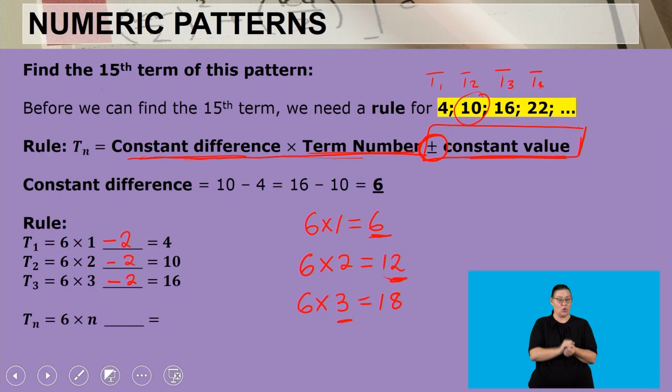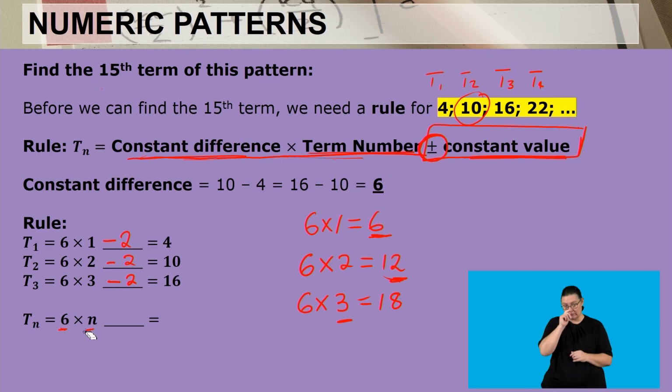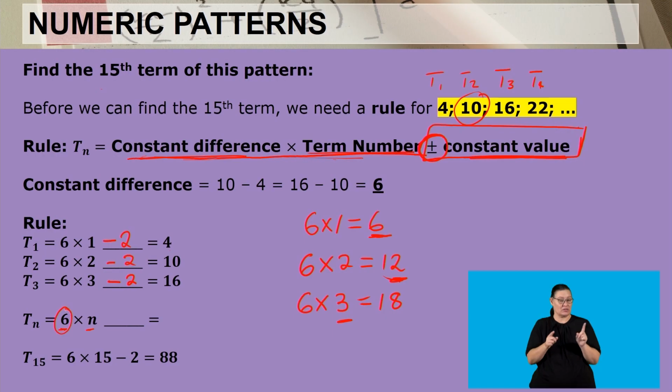So what conclusion can we make here? We have seen that we take the constant difference, we multiply it by the term number. See, we multiplied by 1, by 2, by 3. But when we are talking about any term number, then we are going to use a variable of n. So we know that we multiply the constant difference with the term number, and that, of course, is going to give us our 6n.